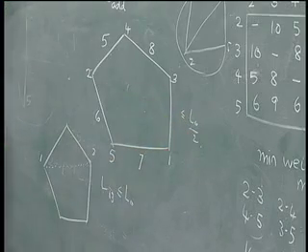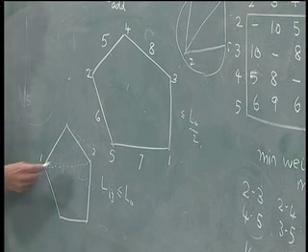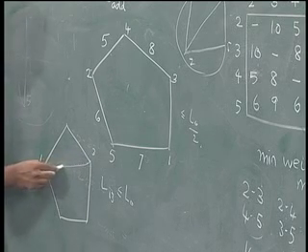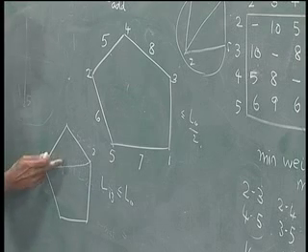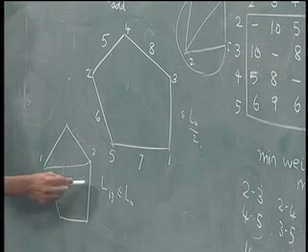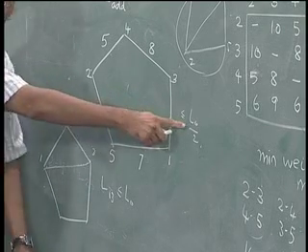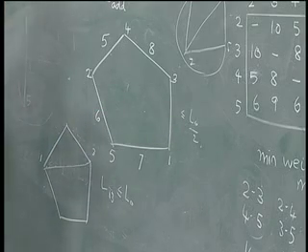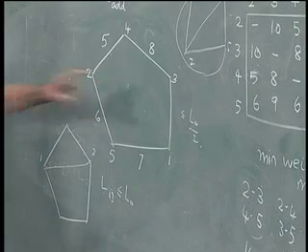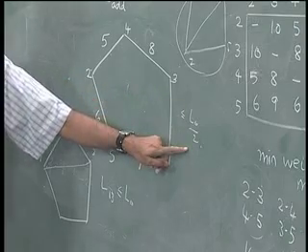We can even prove that L 1 3 is less than or equal to L naught by 2, because from triangle inequality this portion L 1 3 is less than or equal to the sum of these two, and L 1 3 is less than or equal to the sum of this plus this plus this. Therefore, L 1 3 is less than or equal to L naught by 2. So, even when we are adding only one edge into this, we are adding an edge whose weight is less than or equal to L naught by 2.